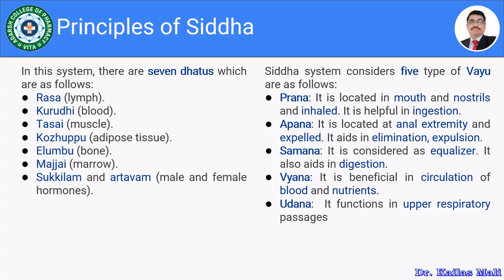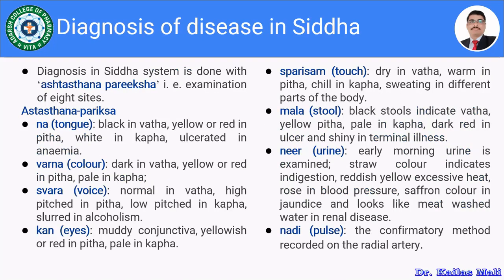Then samana is considered as an equalizer. It also aids in digestion. Vyana is beneficial in the circulation of blood and nutrients. And the last vayu, udana, functions in the upper respiratory passage. These are the 5 vayus considered in the Siddha system of medicine.